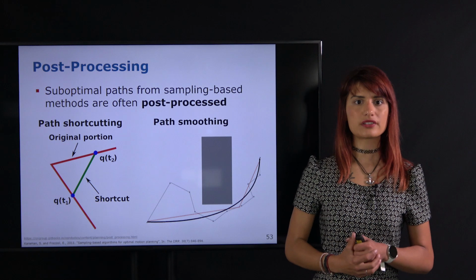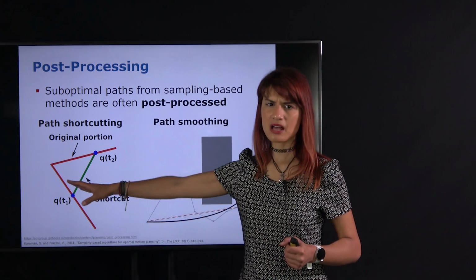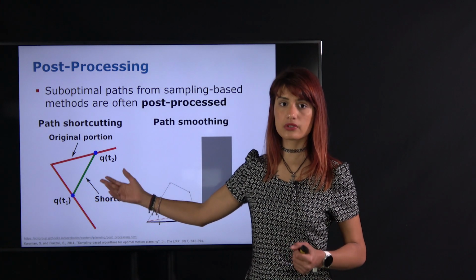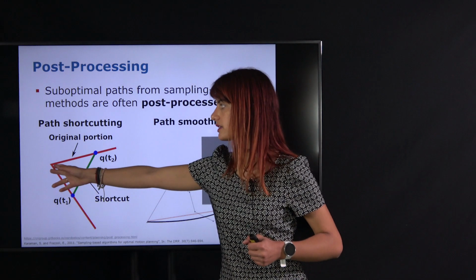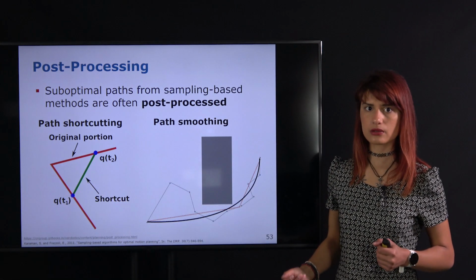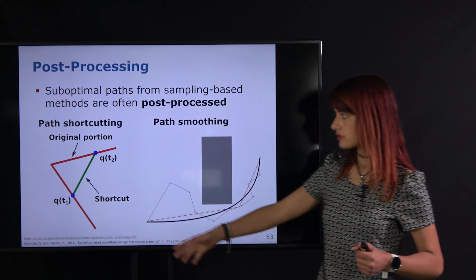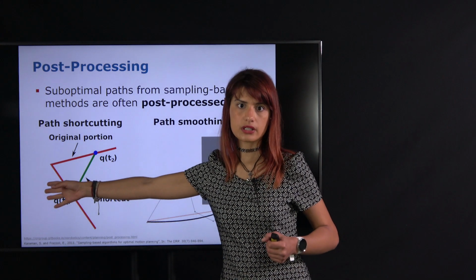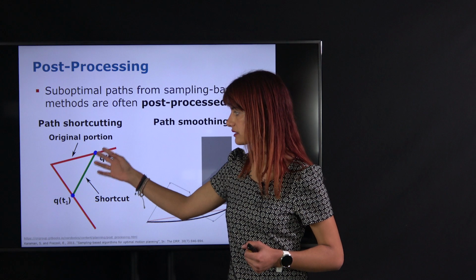For this reason, it's helpful to draw attention to different methods of post-processing with a view towards real-world applications. One thing we commonly do is, given a path obtained for example through the RRT approach, that may be rather jagged, as we saw in the animations, and contains lots of edges, we could use a post-processing technique that effectively checks different nodes on the path and sees if there is a direct line of sight connecting them.